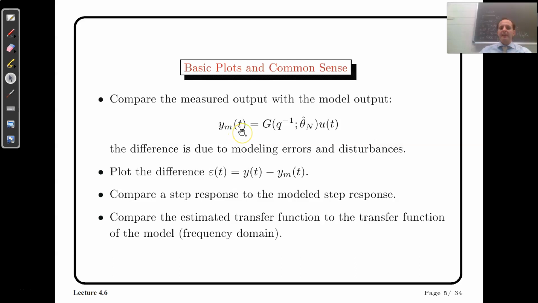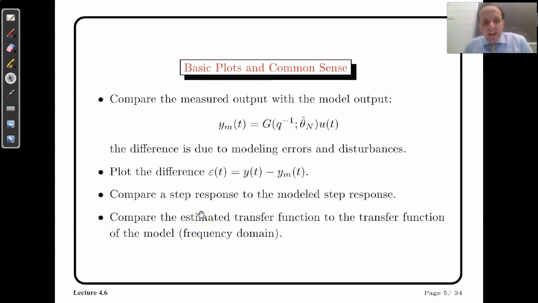So the difference between the real or the measured output and the simulated output represents the modeling error and the disturbances. So normally you plot the difference of these two quantities.